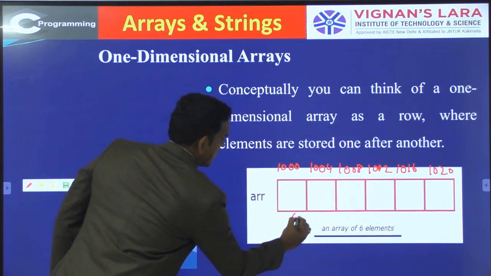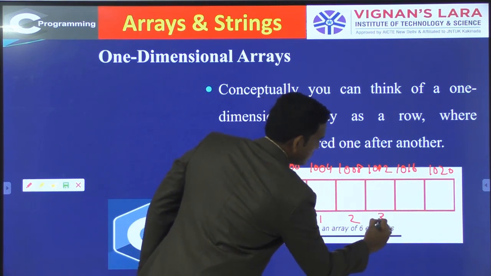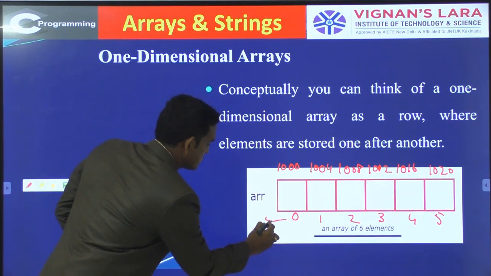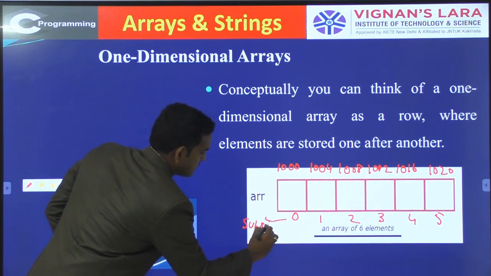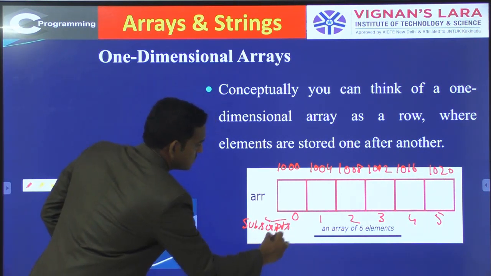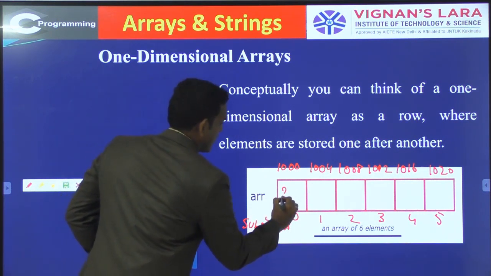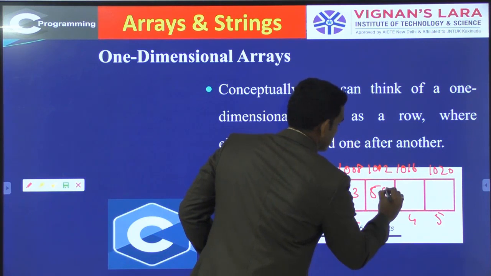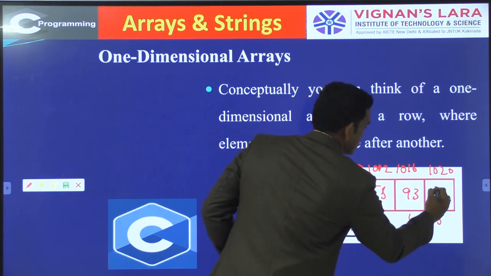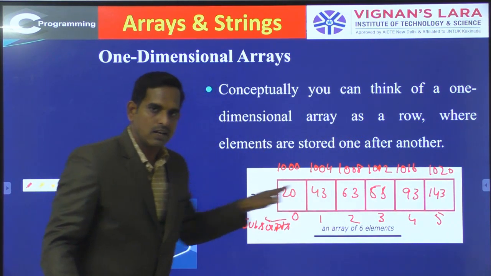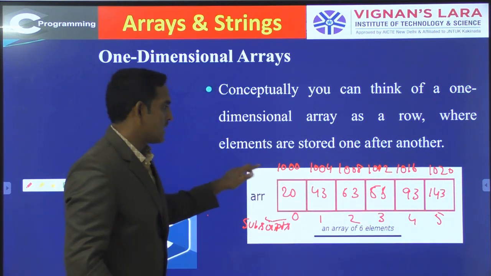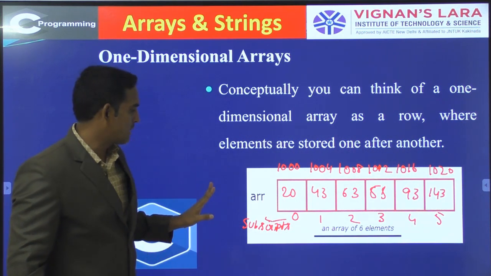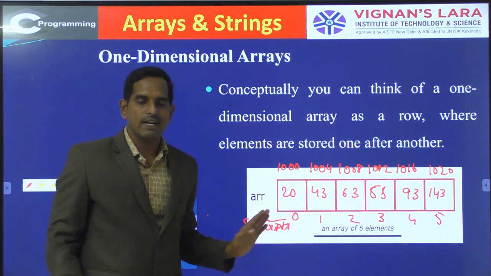You will have subscripts which are marked from 0 to n minus 1, and you can have values in this manner. So these are the array values, these are the subscripts, and they are stored in the memory locations. This is how you have a one-dimensional array.